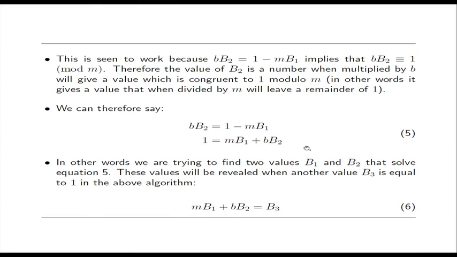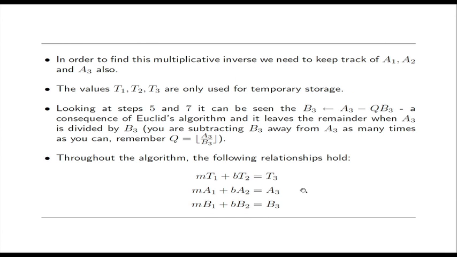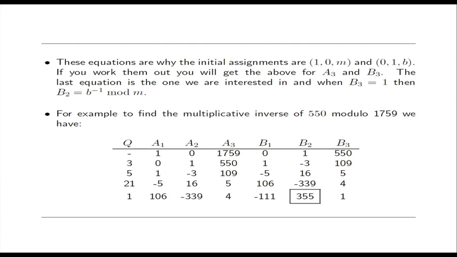In other words, we are trying to find the B1, B2 that solve this equation. The T1, T2, T3 are temporary variables, and this is the way we replace B1, B2, B3; throughout the algorithm this relationship holds. Okay. So, basically we are trying to get x and y. Finally, if B3 is 1, that means the GCD is 1, so then B2 will give us the inverse.